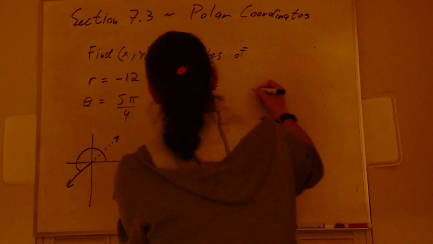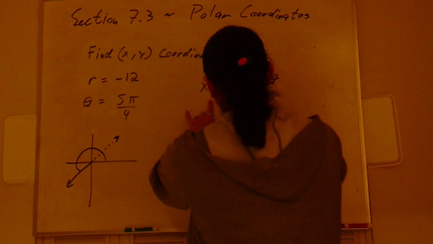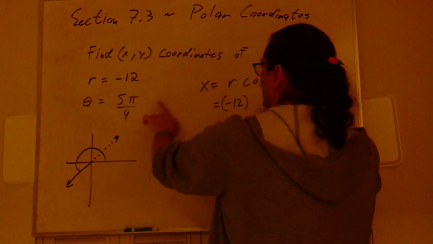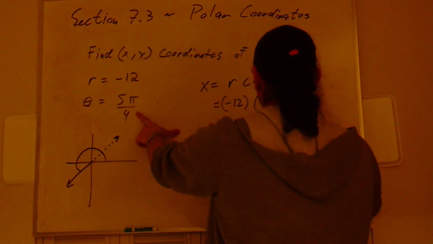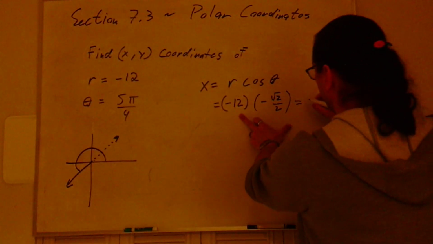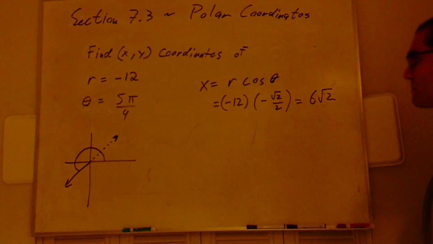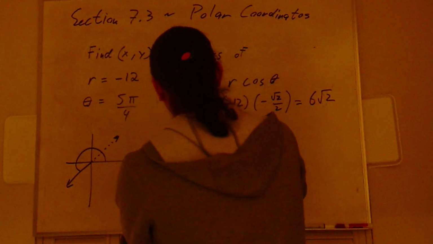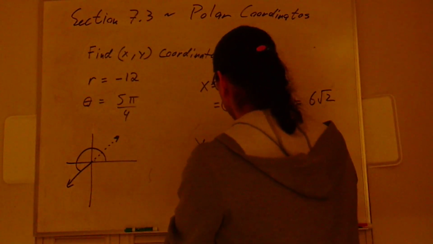X equals r cosine theta. R is negative 12. Cosine of this is negative root 2 over 2. So this, after I simplify, should give me positive 6 root 2. It's a positive number. That's what I was expecting. So far, so good. Y equals r sine theta. Once again, r is negative 12.